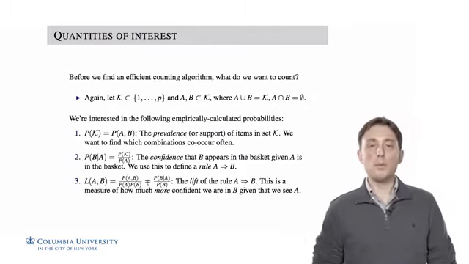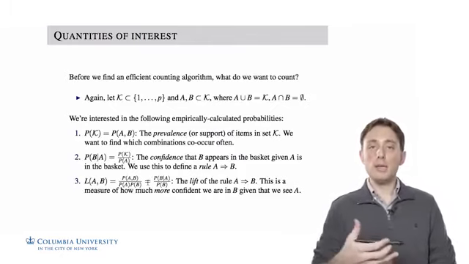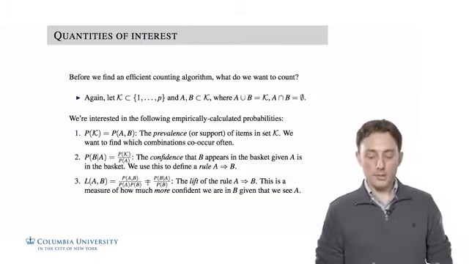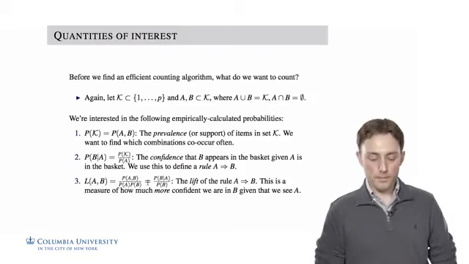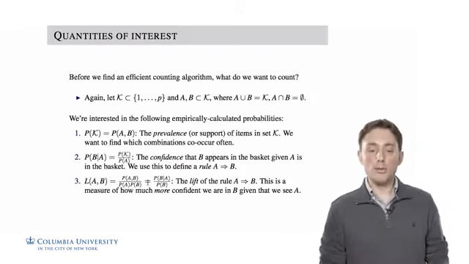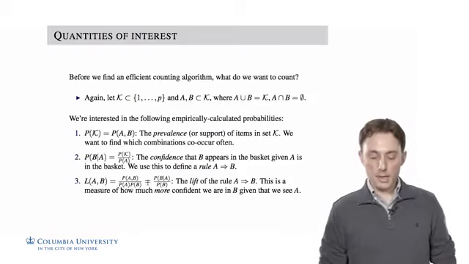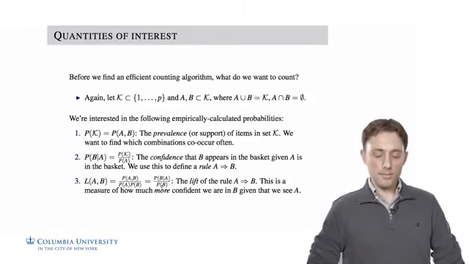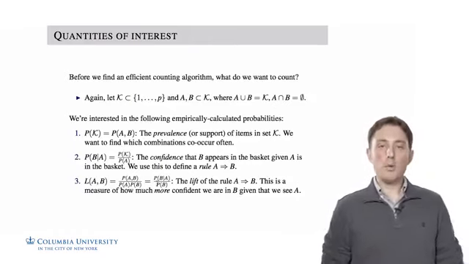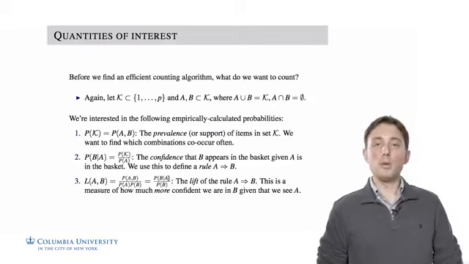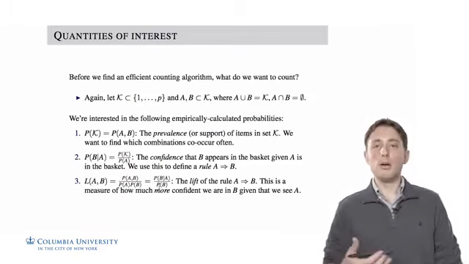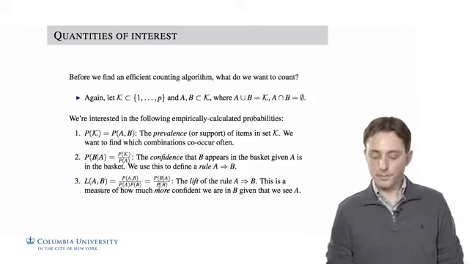In other words, we want the conditional probability of B given A divided by the marginal probability of B. So this is called the lift of the rule A implies B. This is a measure of how much more confident we are in B given that we see A. So the set B has a certain prevalence in the data set by itself. And now we want to know how much more confident are we in the set B being contained in the basket given that you tell me A is in the basket, compared to simply the prevalence of B overall.